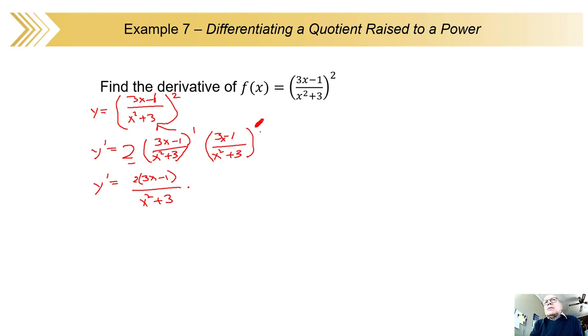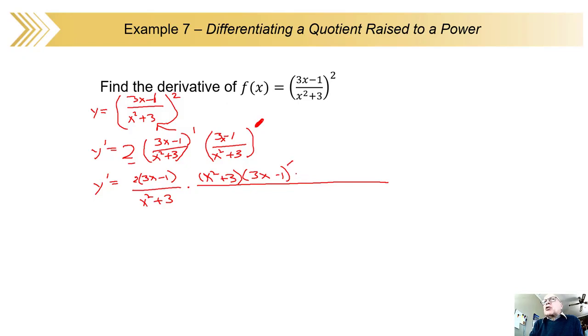On the second one, we've got a quotient. Now I know it looks scary, but remember, you can do this all by itself, and that's all you have to do, one step at a time. How does the quotient rule work? The quotient rule says take that denominator, x squared plus 3, times the derivative of the top.